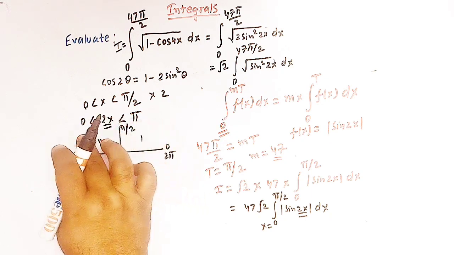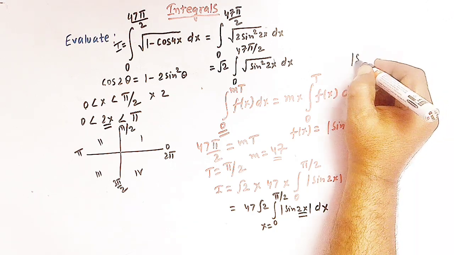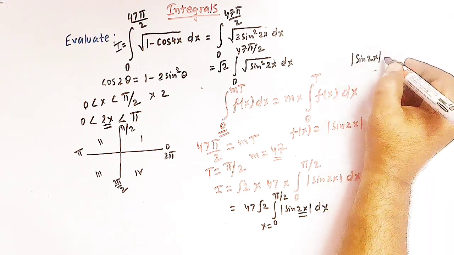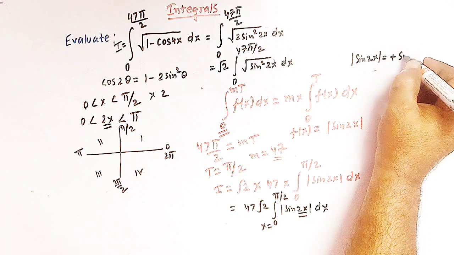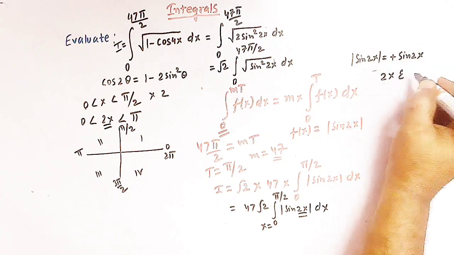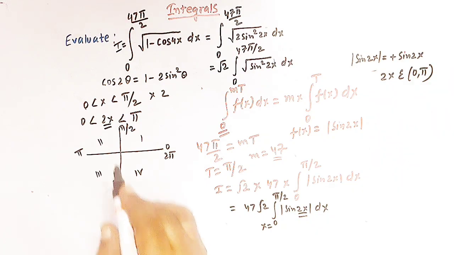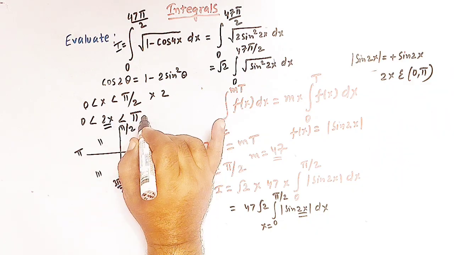And in the first and second quadrant, the sine function is positive, right? So mod of sine 2x is equal to positive sine 2x when 2x belongs to the interval 0 to pi, as we have proved over here.